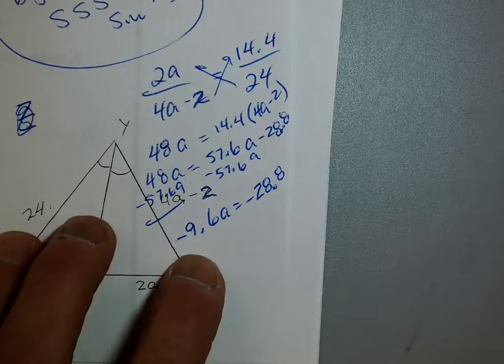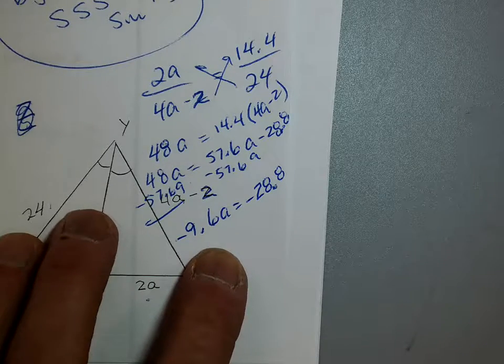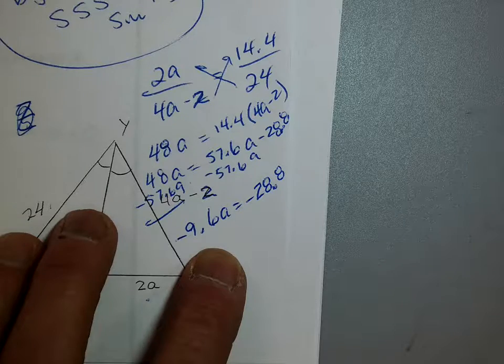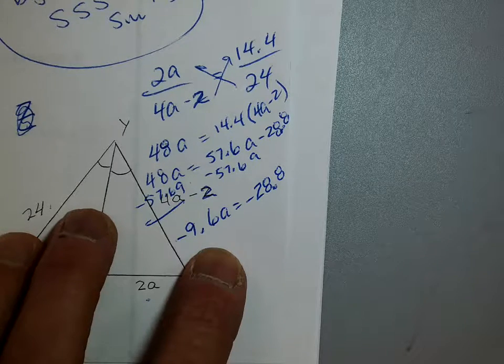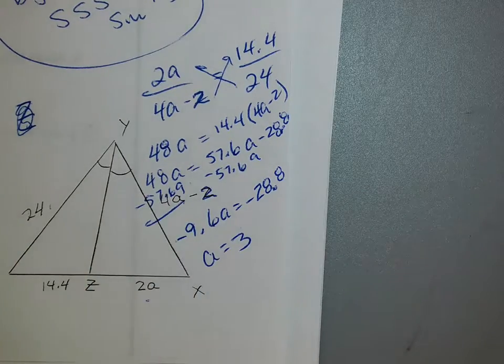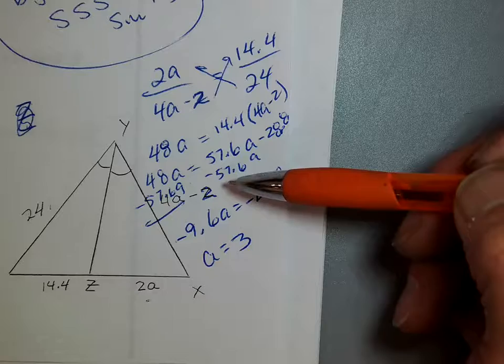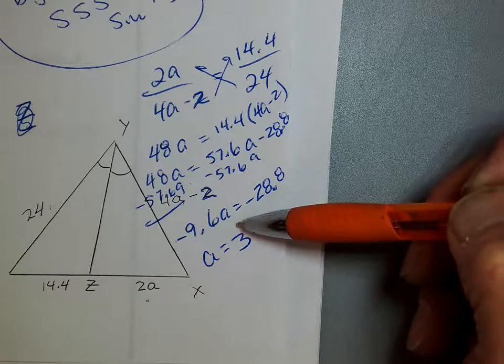Divide. Hold up, 0.6 minus 1 doesn't make 0.6. Let me finish this and I'll see if I made a mistake, okay? I got a equals 3. That makes sense. But 48 minus 57.6 makes a negative 9.6.